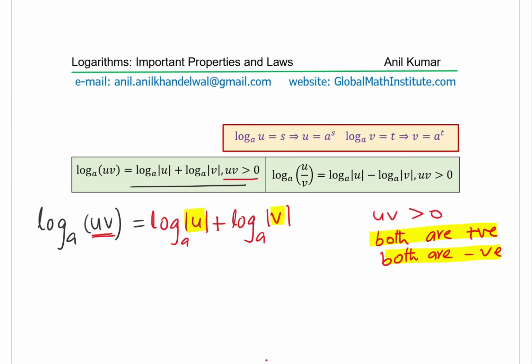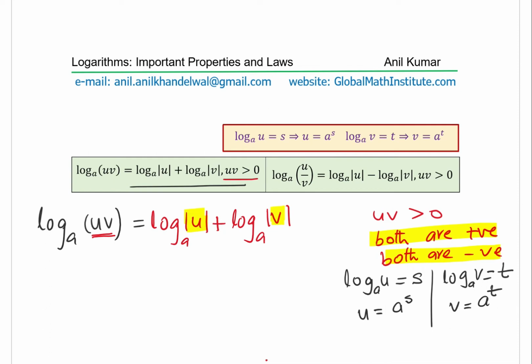Now, as we talked about the substitution, we know that log to the base a of u has been substituted as s. That really means that u is equal to a to the power of s. And we'll also substitute log to the base a of v as, let's say, t. In that case, v can be written as a to the power of t.